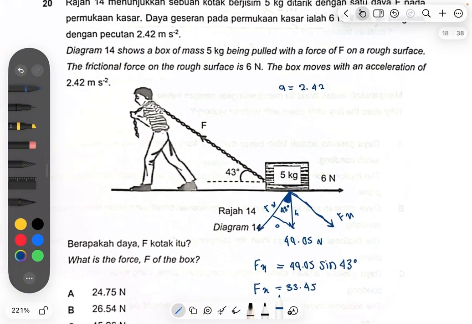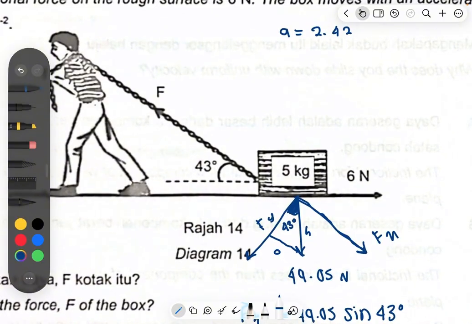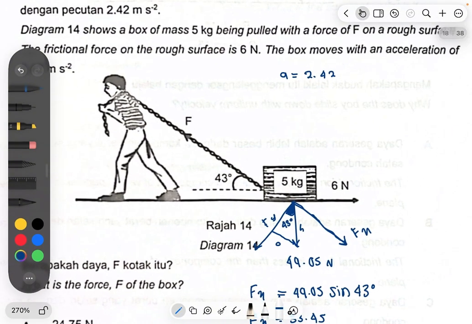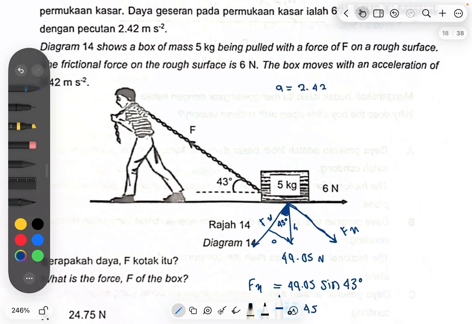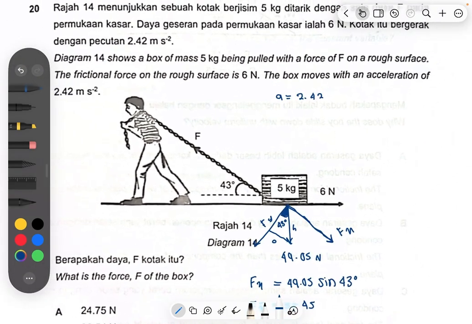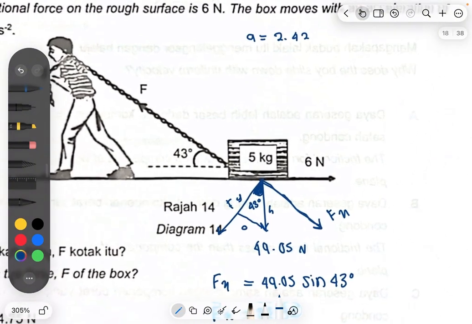They want us to find the force F on the box. But what is the relation of this Fx to the F above?